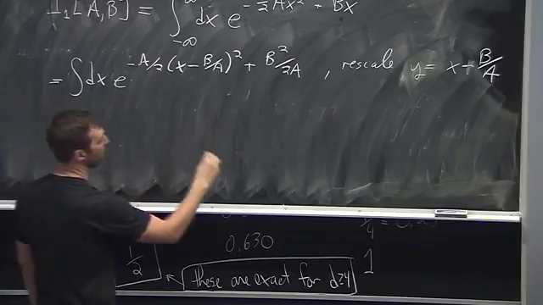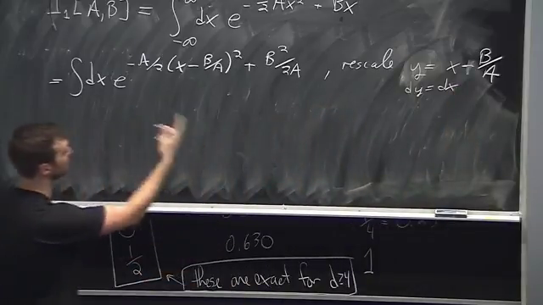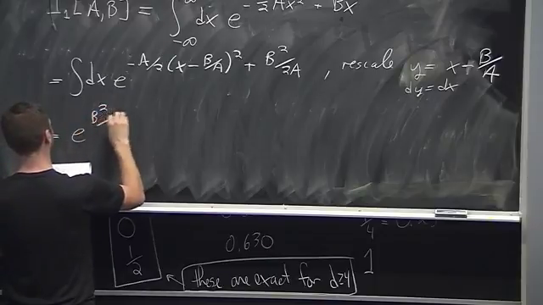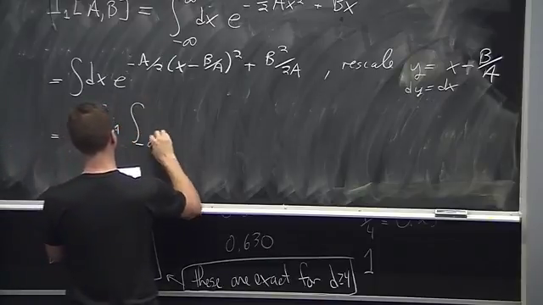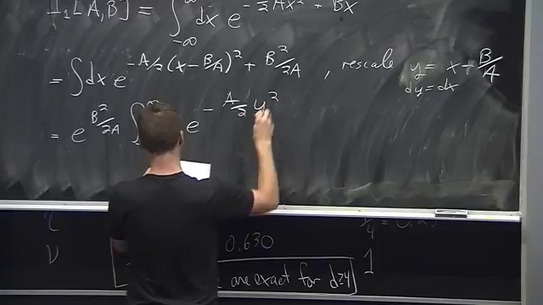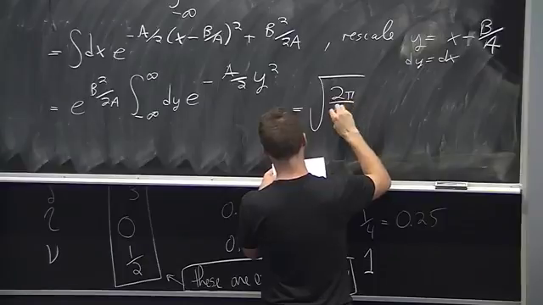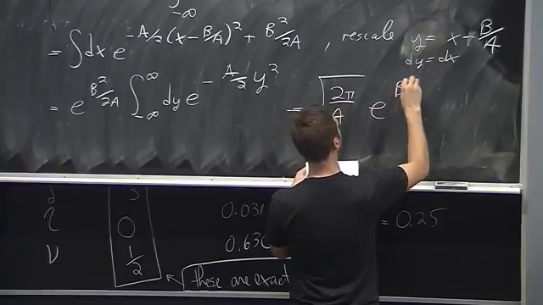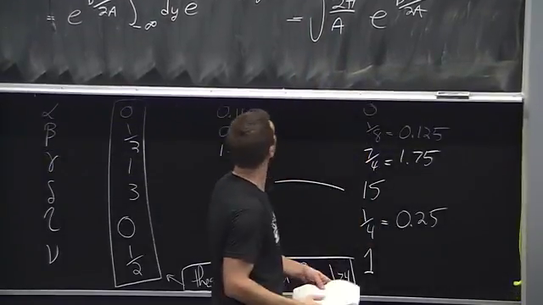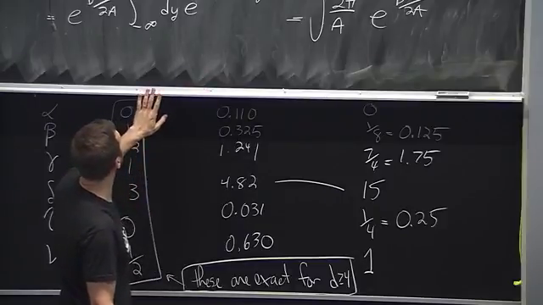And when I do that, dy is equal to dx, because everything else is just a real number. Then my integral becomes, if I've done that right, the pure e to the y squared part and just this coefficient out in front.